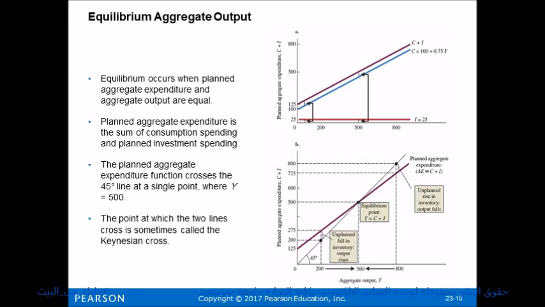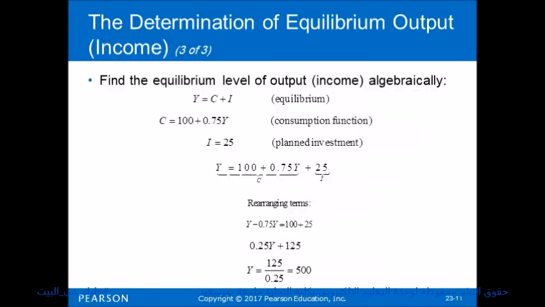Here we see that the planned aggregate expenditure function crosses the 45-degree line at a single point where y equals 500. The point at which the two lines cross is sometimes called the Keynesian Cross.